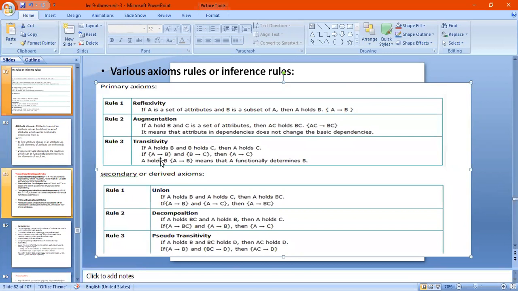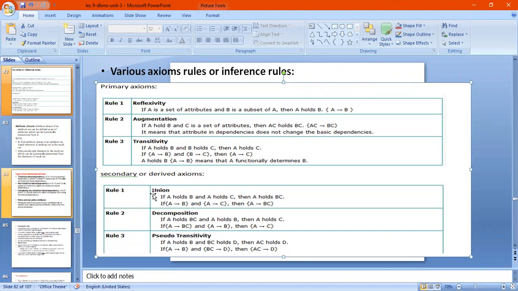That is, A is determining B and B is determining C, then A is determining C. Now, the secondary or derived axioms.